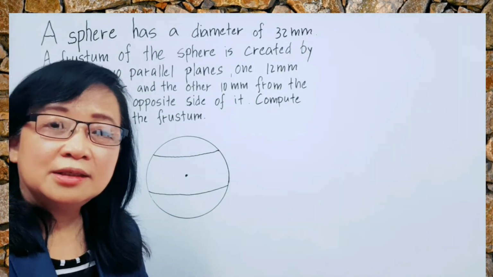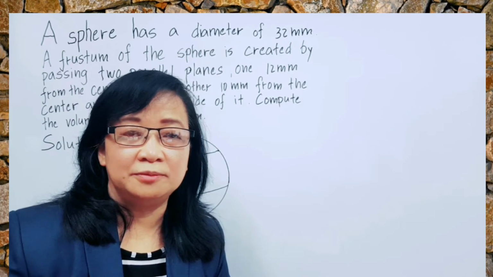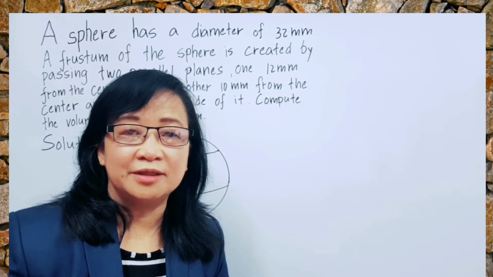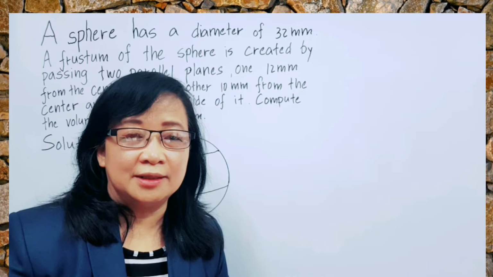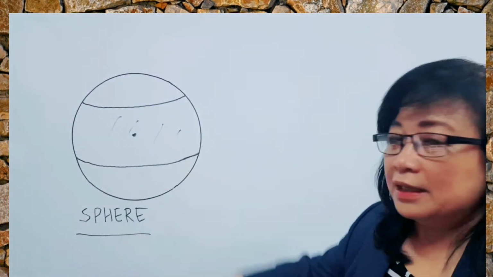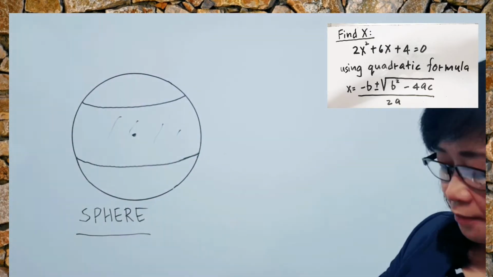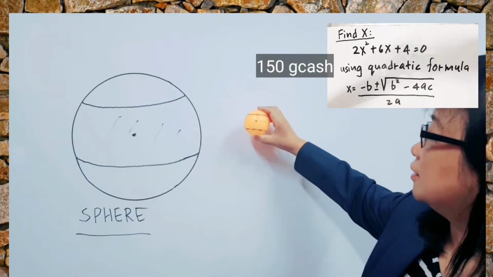Now here, to solve this one, we need two formulas, the volume of the sphere and the volume of the spherical segment. Just a brief review of the sphere. Now, this is already a tilted sphere. For example, imagine that this is a solid sphere.